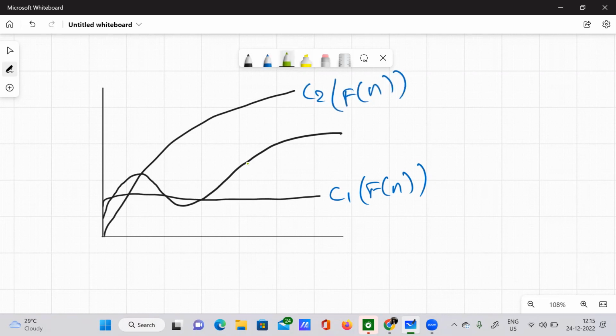And there lies my function, that is the T of n. This would be my T of n.